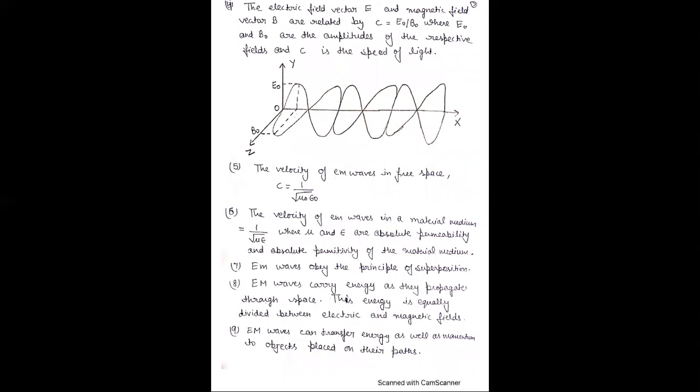Next, the electric field vector E and the magnetic field vector B are related by C equals E naught by B naught, where E naught and B naught are the amplitudes of the respective fields and C is the speed of light. Here this is the electric field with amplitude E naught, and this is the amplitude of the magnetic field B naught.